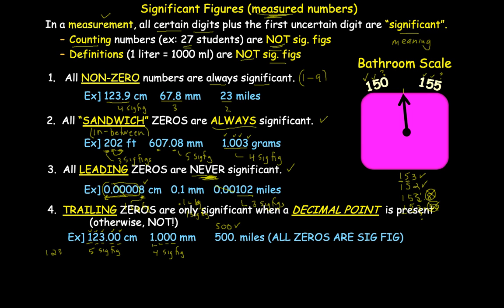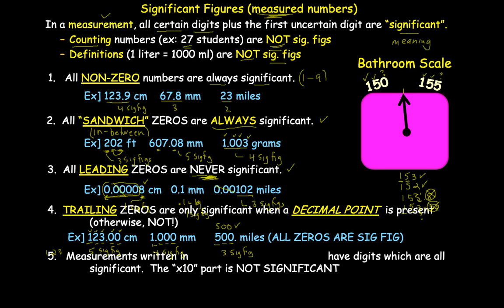But if I say 500 with a decimal point, that means I measured the 5, I measured the 0, and I measured the 0, and I'm exactly 500 miles to the nearest single mile. So this again would have 3 sig figs. If that decimal point is present, then you know for sure that these zeros are significant.